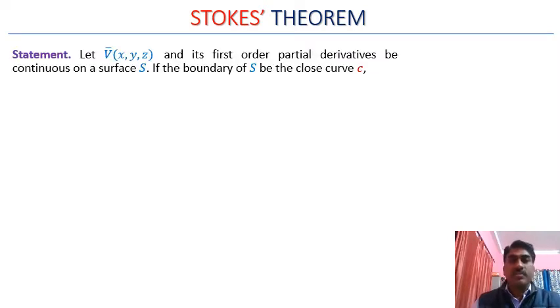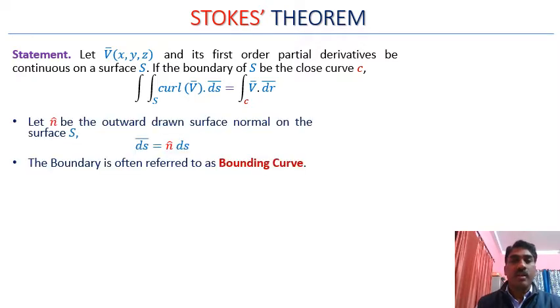The Stokes theorem states that if a vector valued function v and its first order partial derivatives are continuous on a surface S, and if a closed curve C is bounding the surface S, then the line integral of the vector v on C is directly equal to the surface integral of curl of v over the entire surface S. Here the vector ds is n ds, where n is the outward drawn unit normal, and you already know this.